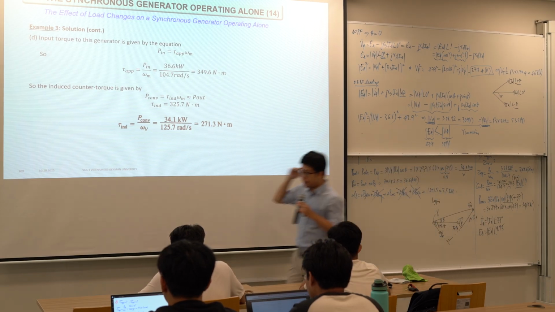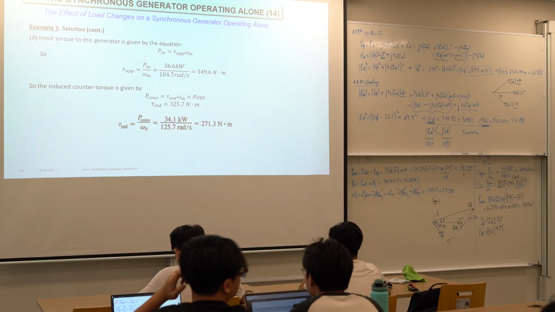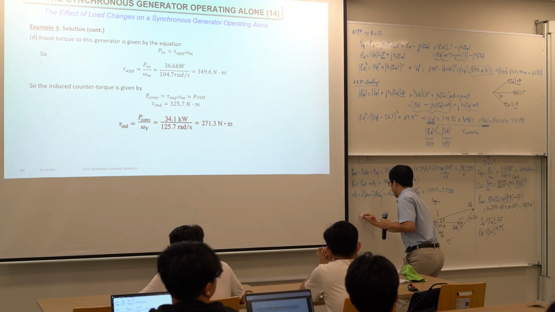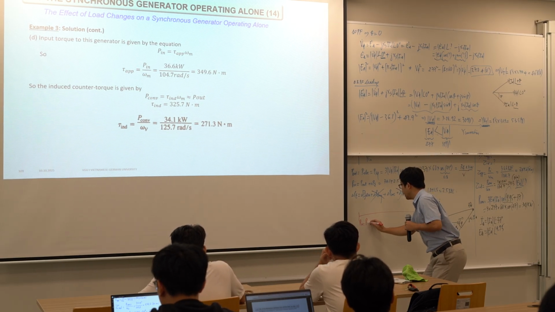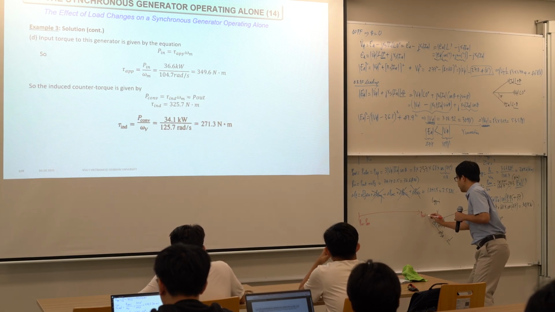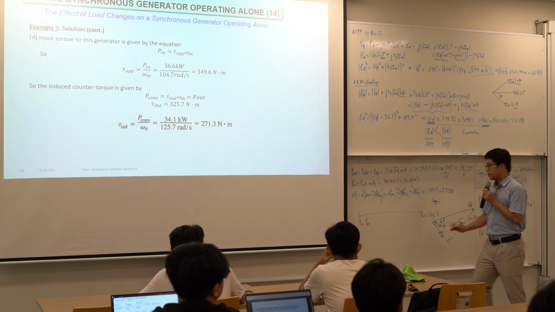If you remember the power flow diagram for generators like this, right? This is P in, that means mechanical power, and this is P out, meaning electrical power. Is that right? Yeah. So we have what?